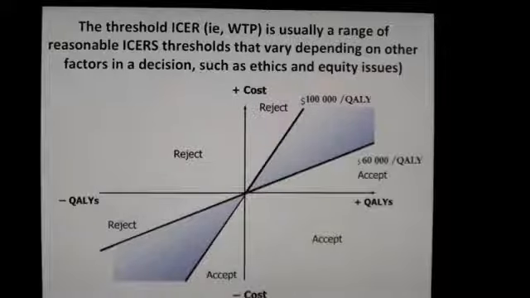However, neither delta E nor delta C includes things such as ethical considerations or considerations of equity where we may want to pay a higher price or may be willing to pay a higher price for very serious diseases or for very rare diseases or for situations where we just have no other alternative. We may be willing to pay a higher ICER. So that's why there is no one magical ICER. It's actually an oscillation or a gray area of a variety of different ICERs that depend on those other factors.